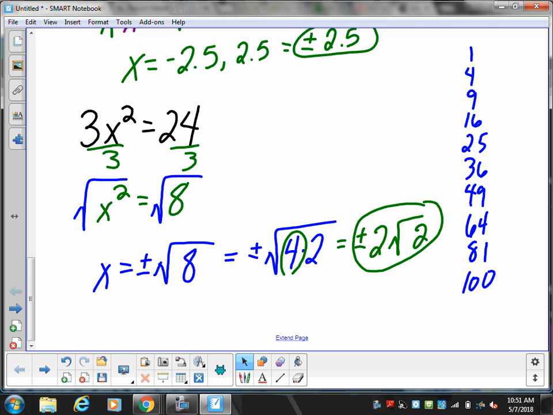If you leave it like this, you're going to end up losing, if it's 5 points, you'll probably lose half of a point. Well, for some people, that's a big deal. So if you leave it as square root of 8, you'll lose because you didn't follow through with the simplified part. You got an answer, and it's a decent one, but it's not quite perfect.